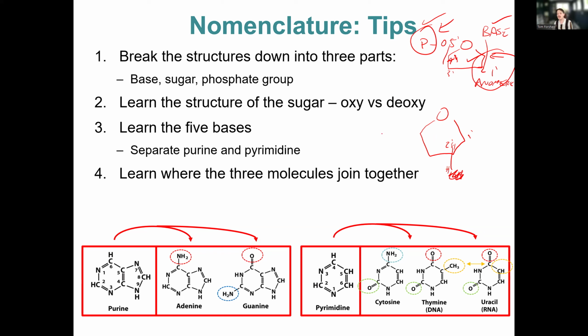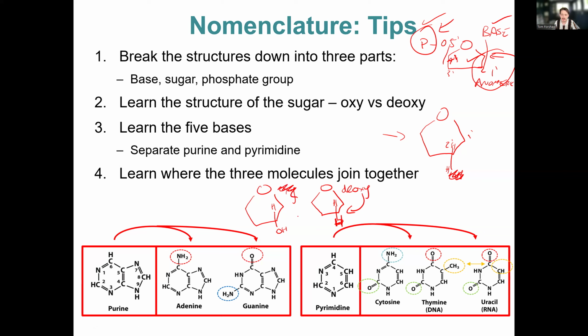So if I was to show you a sugar, let's say this one and this one, this is the ribofuranose, and this one is the deoxyribofuranose. So oxy and deoxy.